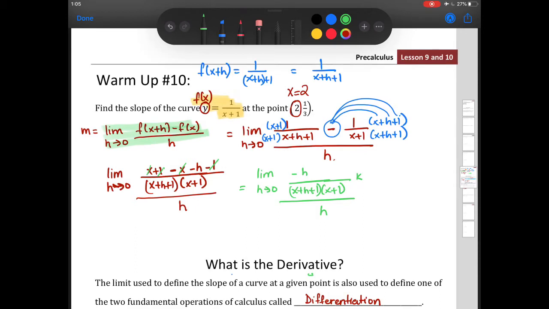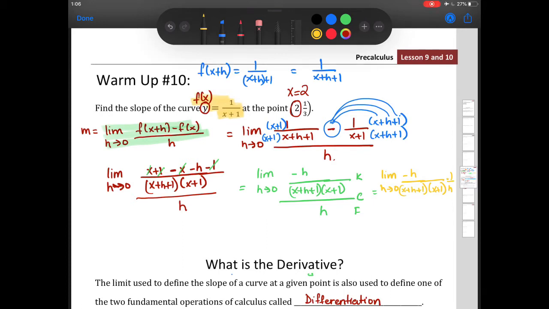And that's where I do my keep, change, flip. So if I do that, what do I get? Limit as h approaches 0, it'll be negative h over x plus h plus 1 times x plus 1, and if I flip it, it'll be 1 over h, right?